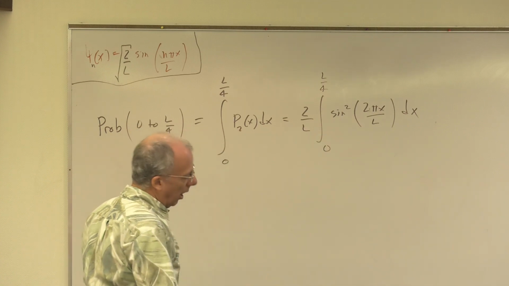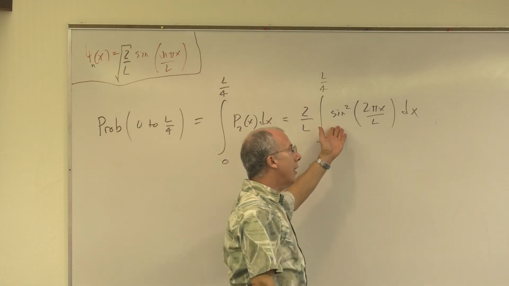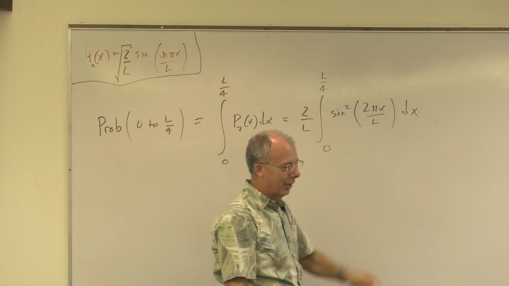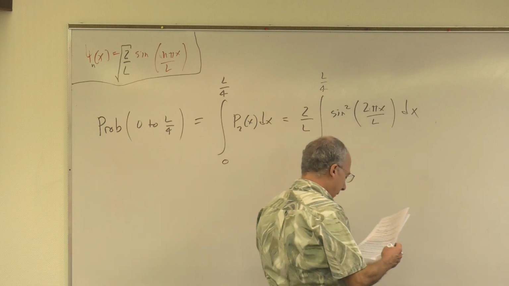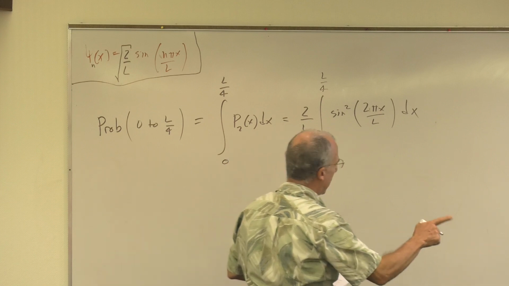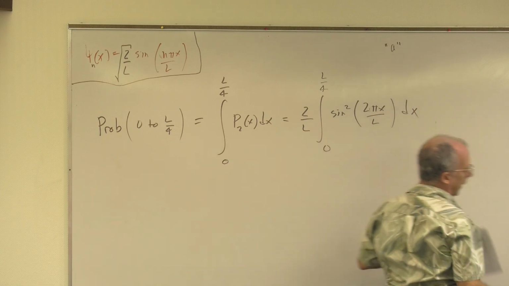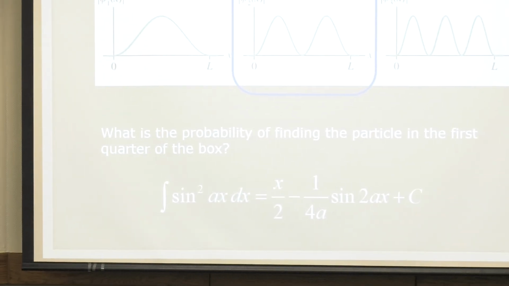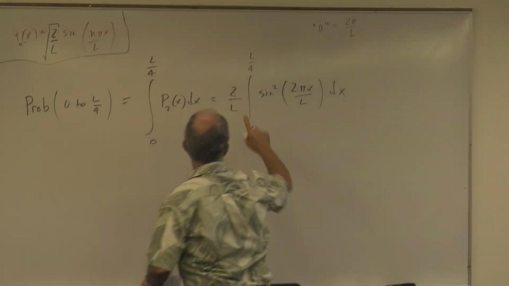Well, again, we have sine squared. If you can integrate that, great, but I have to look at tables. So we have to look at the integral tables again. And now what's our a? Our a is 2 pi over L. So let's do it.